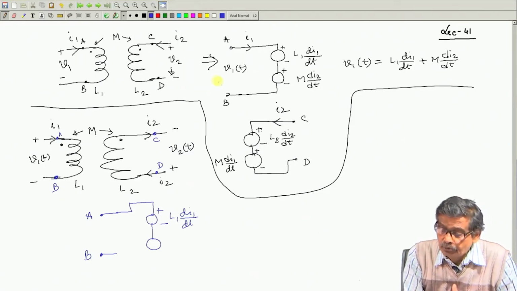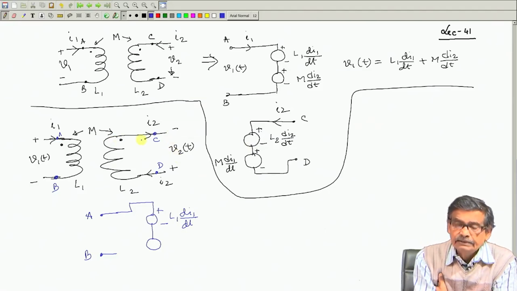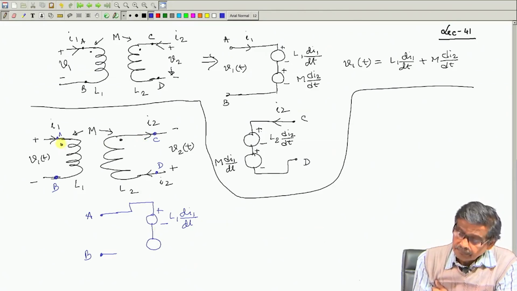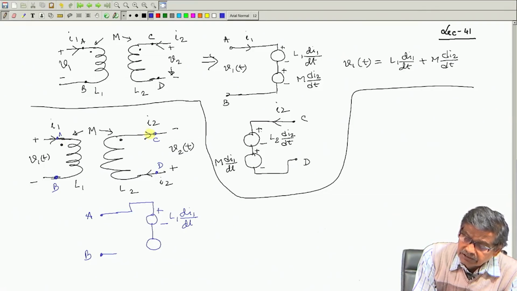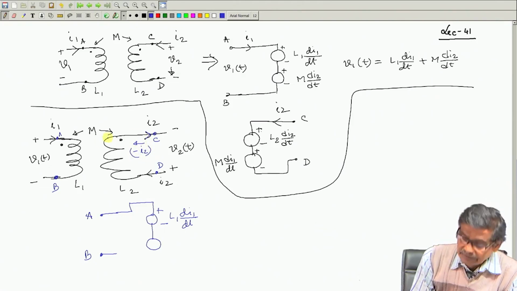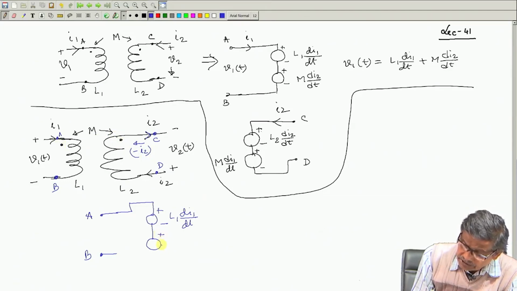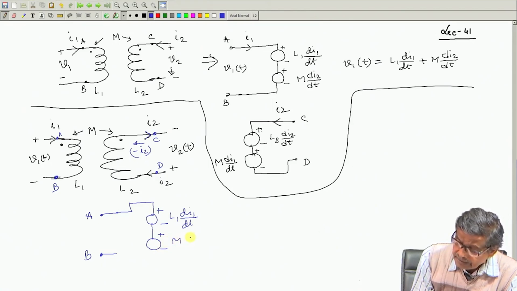If I remember this rule, a current entering through the dot causes a voltage with dot plus. If I2 is coming out from the dot, it is as good as minus I2 flowing this way, entering through the dot. Therefore the dot will be plus. So you are absolutely correct in writing M d/dt of minus I2.